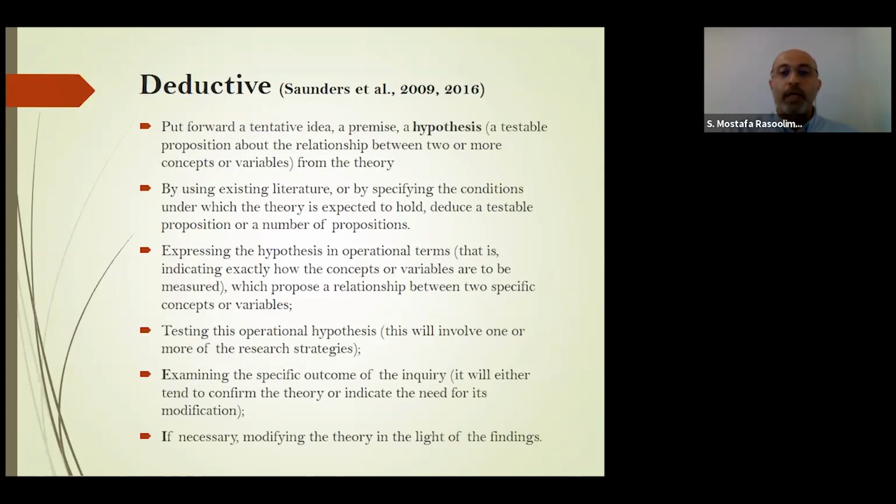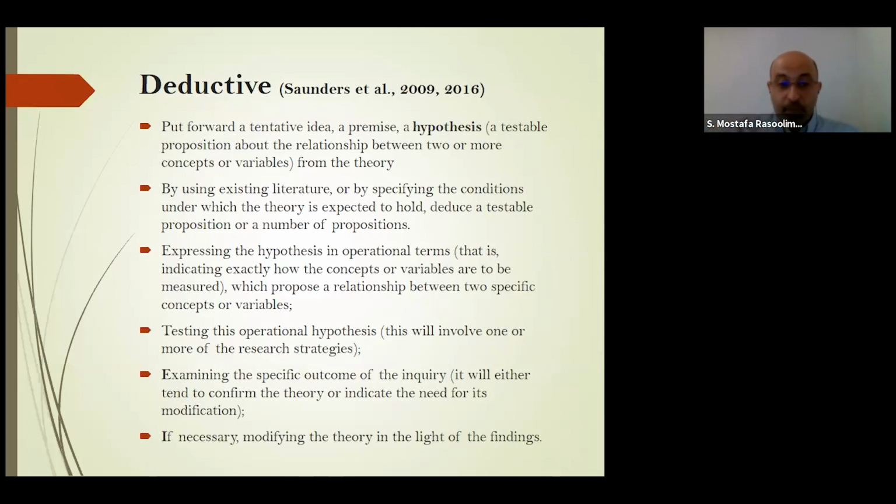These are some characteristics of the deductive approach. In the deductive approach, we apply quantitative methods. We have hypotheses and we test hypotheses because we have causal relationships. We test these causal relationships, and these causal relationships are called hypotheses. Later we will see the meaning of hypothesis.